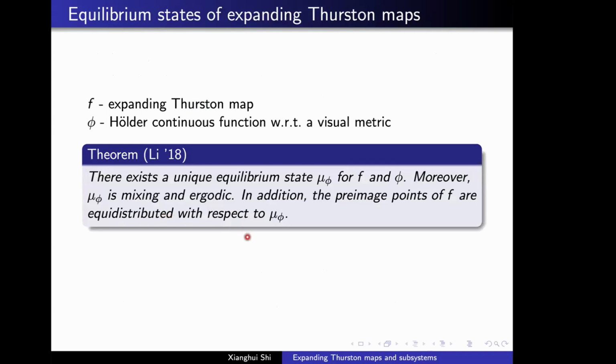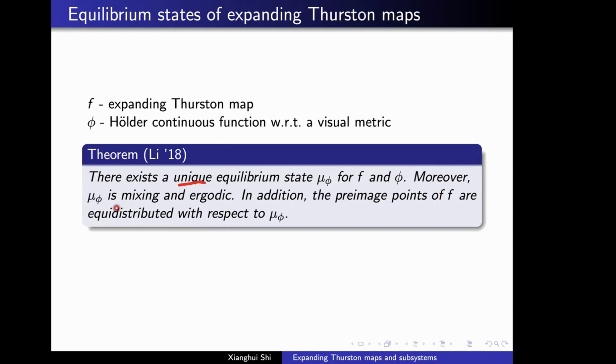My PhD advisor Xianghui initiated the research of aggressive Thurston maps. In particular, he studied the equilibrium state of expanding Thurston maps. Here, the setting is for an expanding Thurston map and a Hölder continuous function. The Hölder condition is defined with respect to a visual metric, and he proved that there exists a unique equilibrium state mu phi for f and phi.